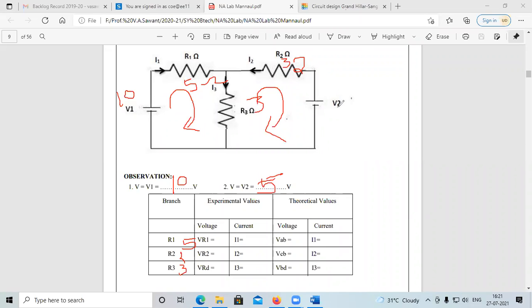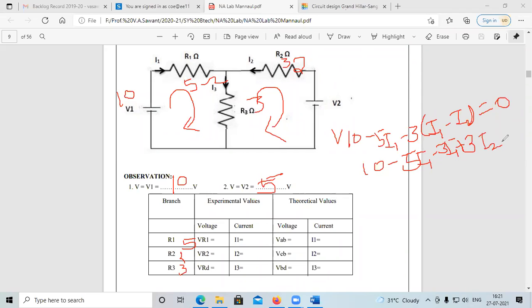So the KVL equation is: V1, that is 10, minus 5 into I1, minus 3 into (I1 minus I2), equals 0. Then 10 minus 5 I1 minus 3 I1 plus 3 I2 equals 0.